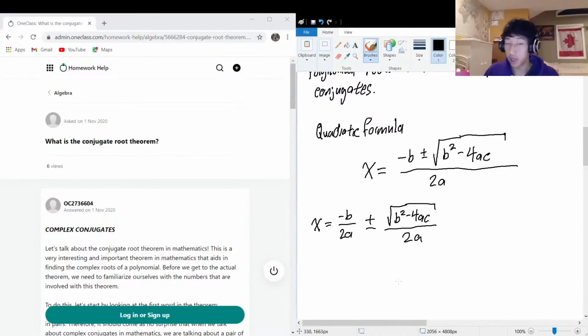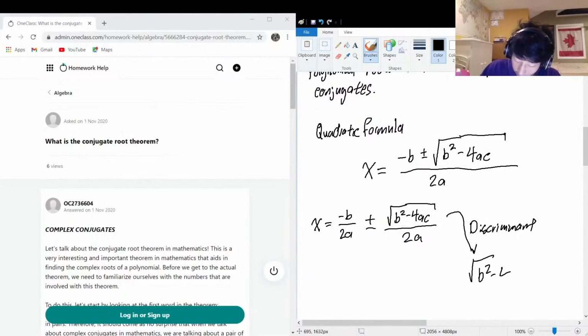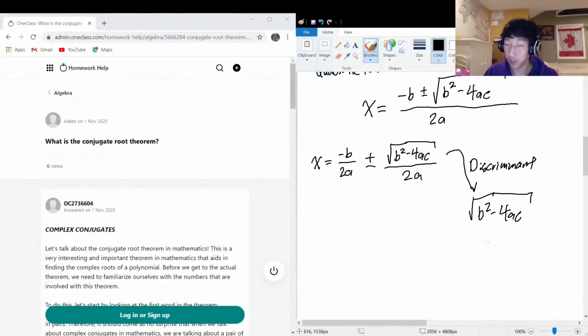Now the discriminant, this part, b squared minus 4ac. If the discriminant is 0, it's just going to be 0 over 2a, so we're just going to have a single root. If the discriminant is a positive number, so b squared is more than 4ac, then we're going to have just a regular number. So we'll have two real roots.